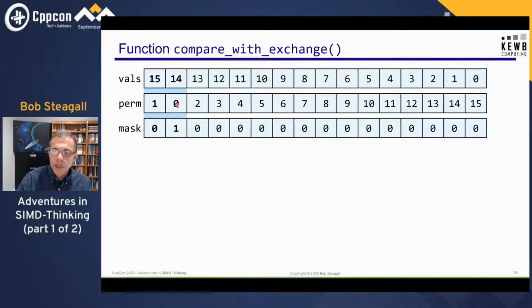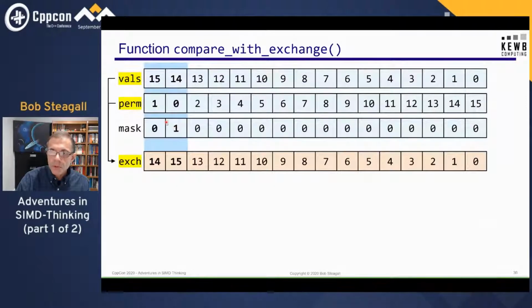And for the value in location 1, I want to compare with the value in location 0. And I've supplied a mask register. The mask register tells me that when I do this comparison, the location that has the 0 is going to get the smaller of the 2 numbers, and the location that has the 1 is going to get the greater of the 2 numbers.